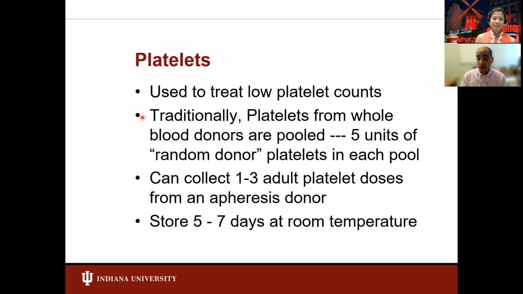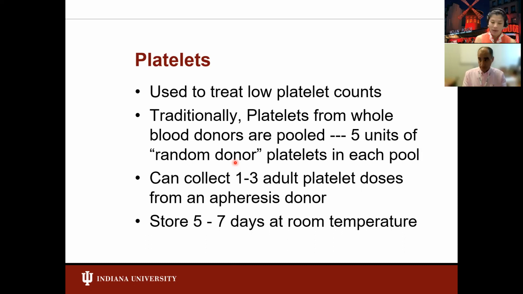Platelets, as I said, are used to treat low platelet counts. They used to get them from that big bag of blood they collect, and that's called a random donor platelet. But they would have to take platelets from one person and combine them with platelets from at least 5 people to get that one bag of platelets. So it's not like a matching type of thing, where anyone can donate platelets without potentially having to be a match.